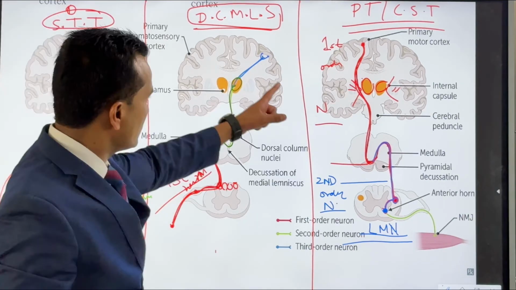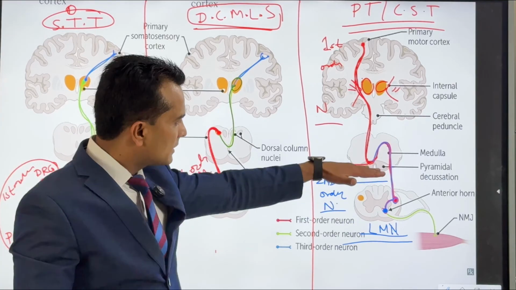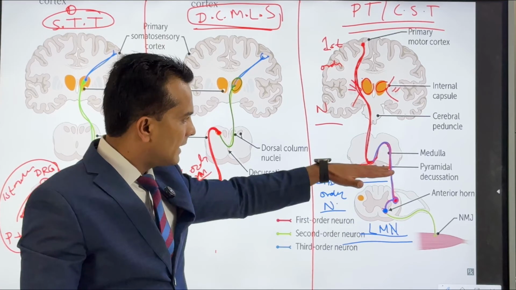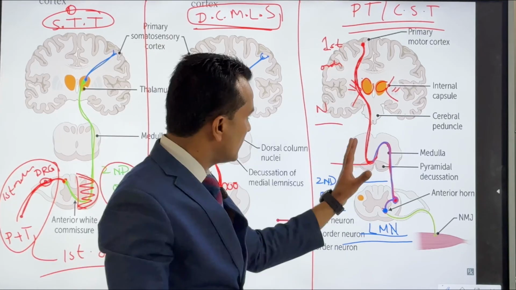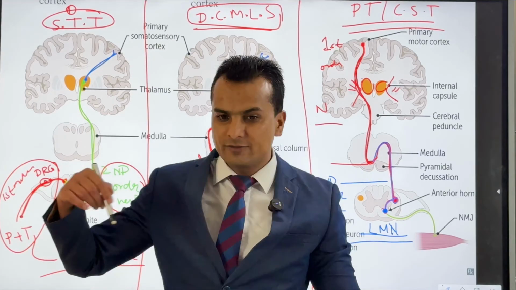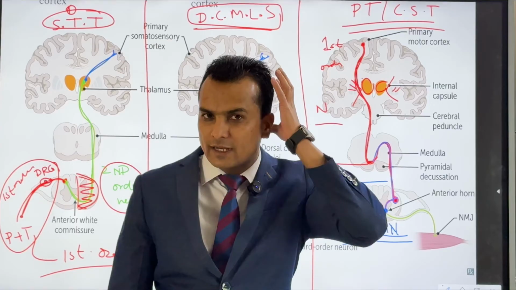Look, the first order neuron runs from the cortex up to the level of the decussation in the medulla. If a patient has an injury in the first order neuron, suppose I am writing with my right hand, using the right side of my body, it means this information is coming from the left side of the cortex.